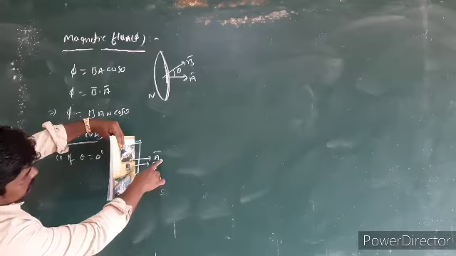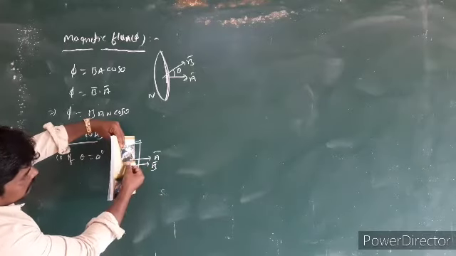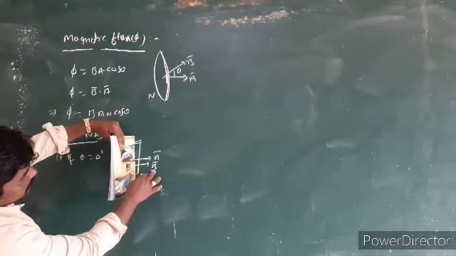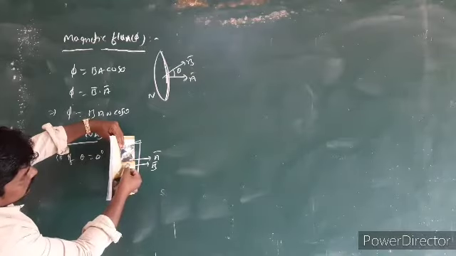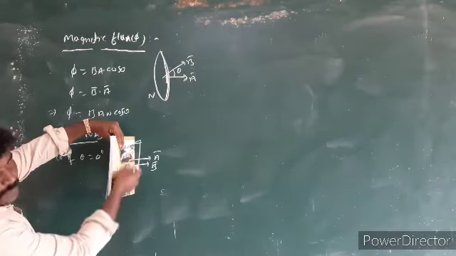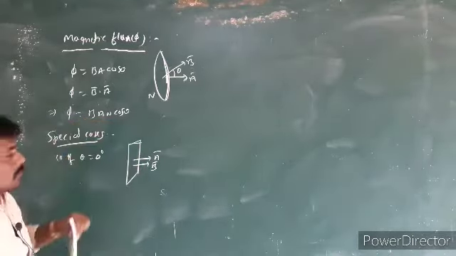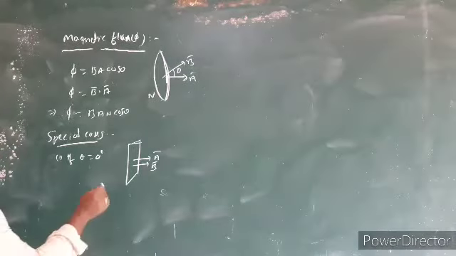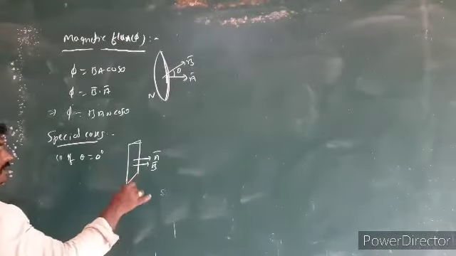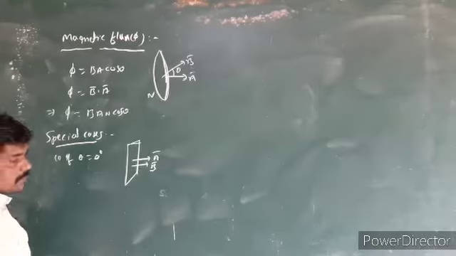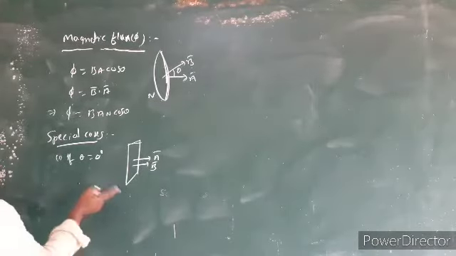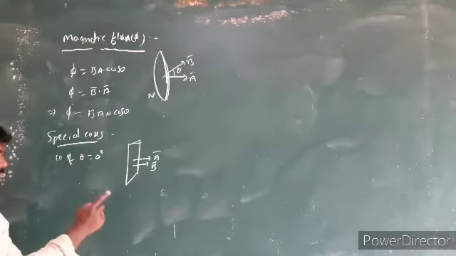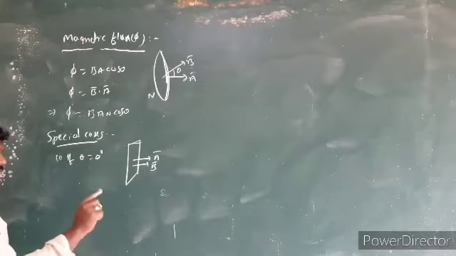Theta 0 means area vector and magnetic field both are parallel, nothing but the magnetic field is perpendicular to this surface or plane of the coil. Area vector and magnetic field parallel means the magnetic field is perpendicular to the plane of the coil. Both give the same meaning.